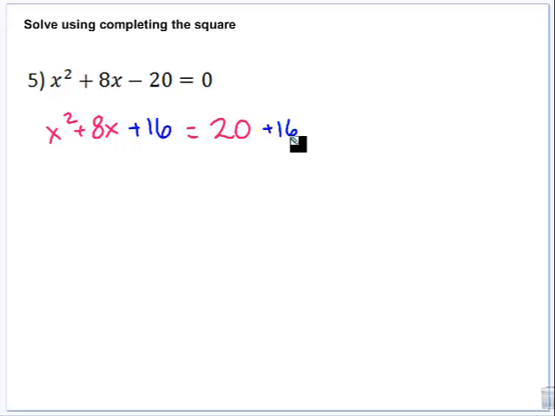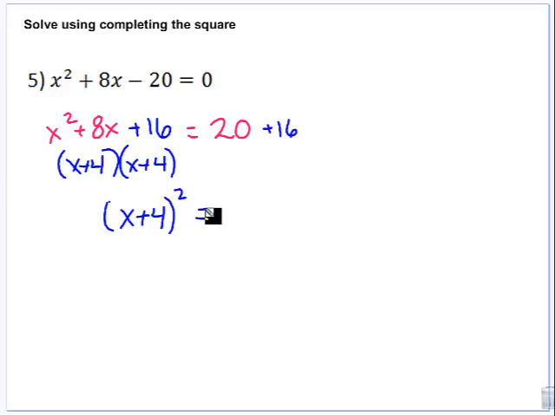Well, x squared plus 8x plus 16 factors to x plus 4 times x plus 4, or just x plus 4 squared. And then this should be equal to 20 plus 16 is 36.